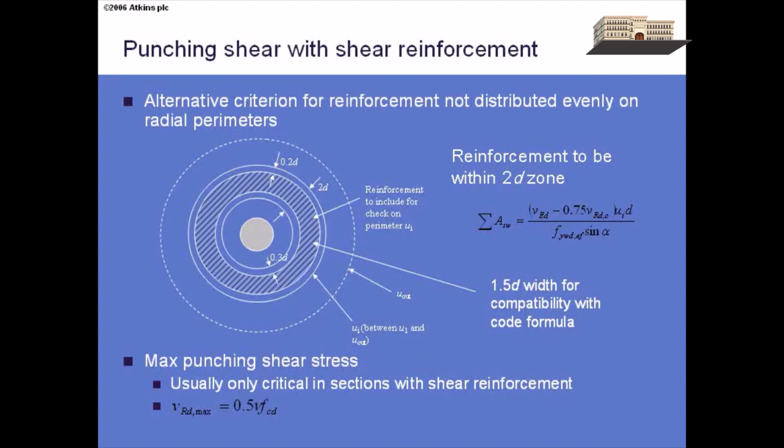Basically provide in that area enough links to carry the shear force, the shear stress minus the concrete contribution. So that allows you to consider all of the links in that shaded zone, rather than just a formula based on links per spacing, which would then miss out some of the links that you're providing.